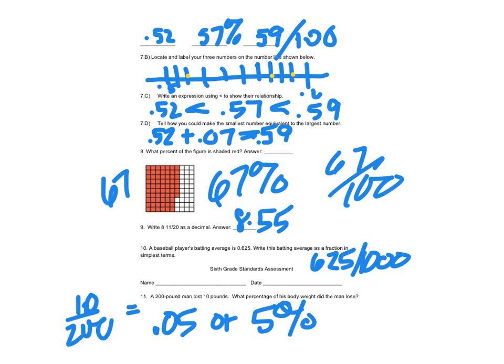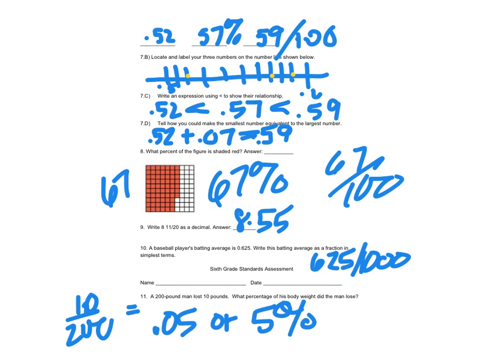Pretty simple. All right, a baseball player's batting average is 0.625, or 625 thousandths. So write this batting average in simplest terms. To reduce this to the simplest terms, we've got to find the greatest common factor. The greatest common factor between 625 and 1,000 is 125.